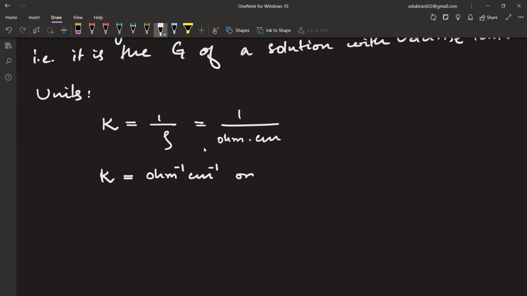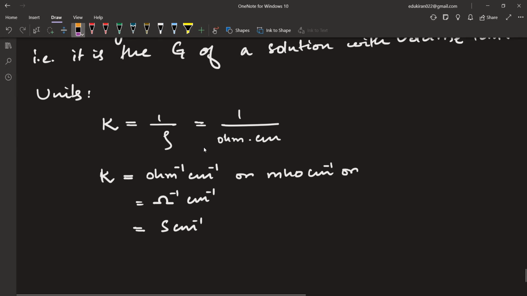Ohm inverse is equal to 1 Siemens. Sir, it should be mho centimeter inverse. Mho centimeter inverse, my bad. Or Siemens per centimeter.